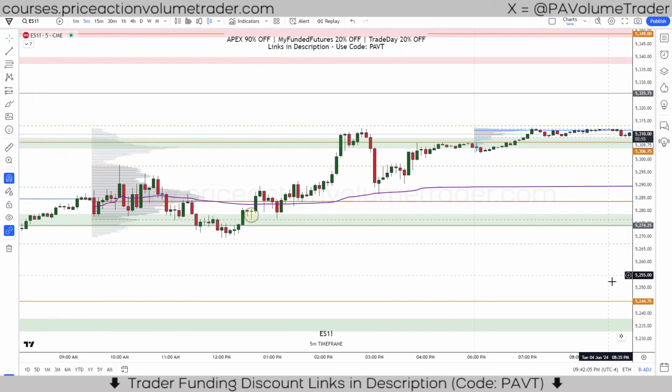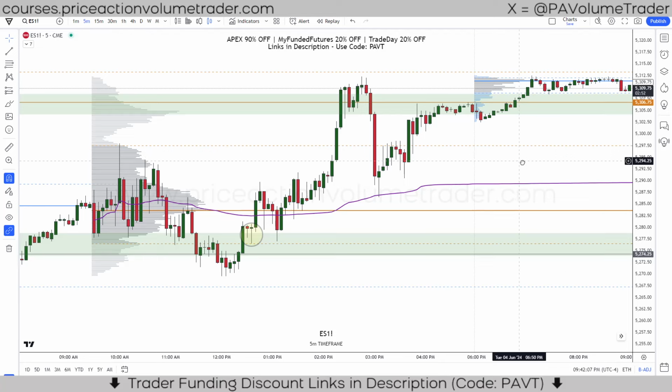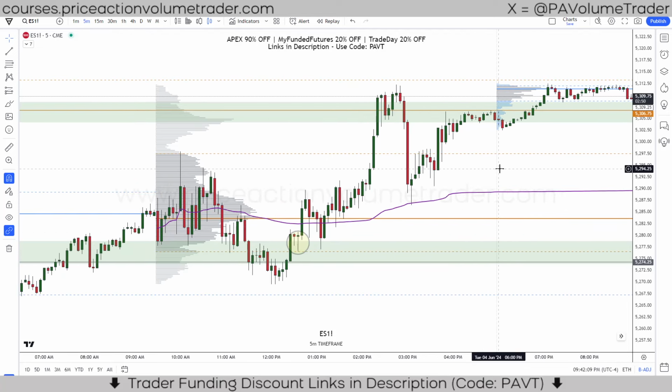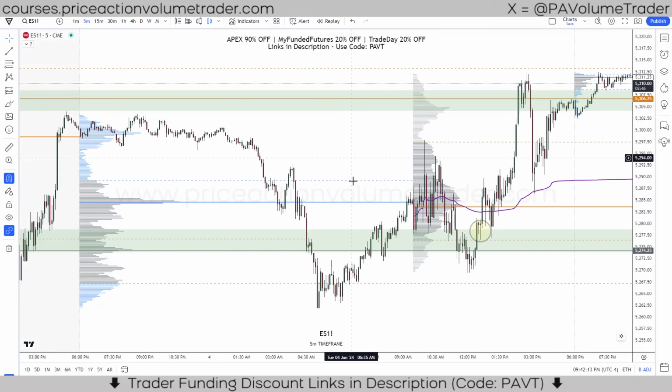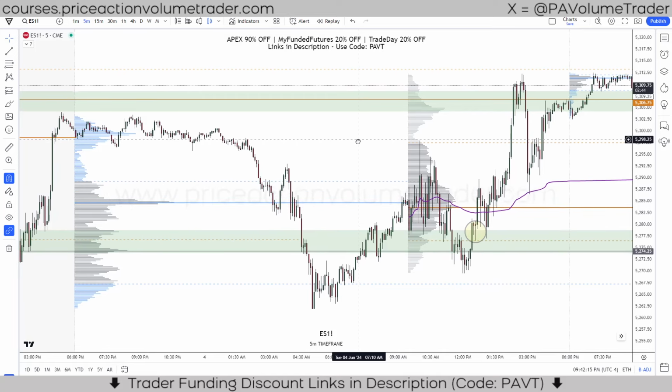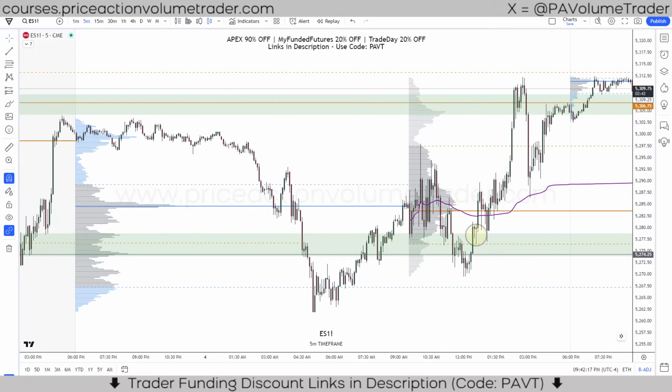So this is the 5-minute time frame, and here I have my session volume profiles, and you can see this one's in blue. This was the extended trading hours. So we had the open of Asia here, then at 3 a.m., right around here, we had the open of London.